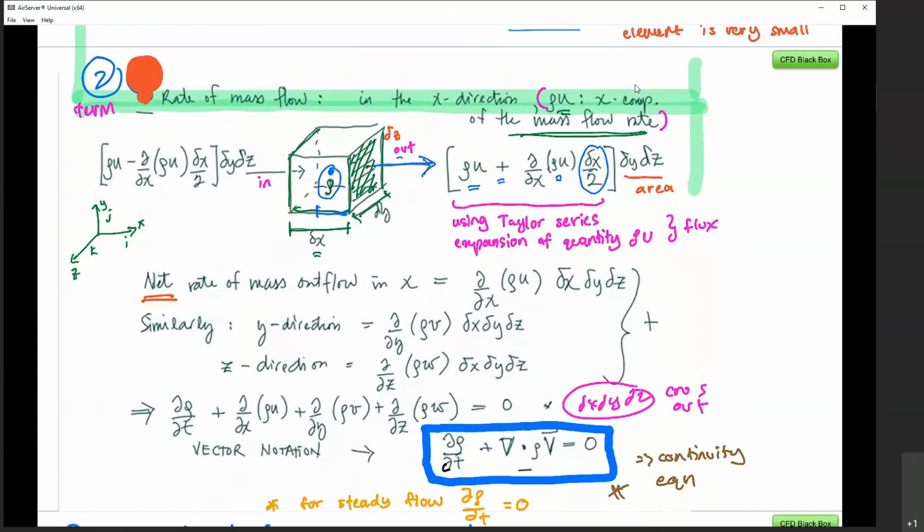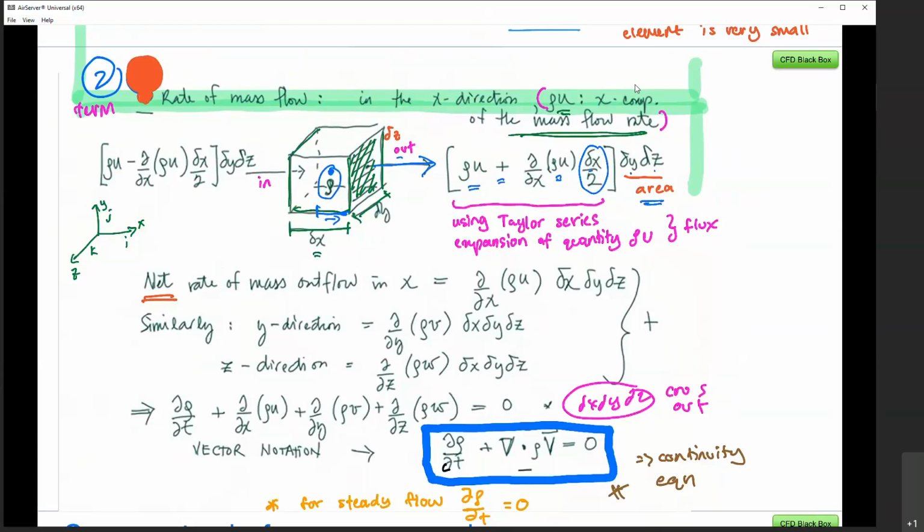We have a plus sign because it is moving in the right direction. And we multiply by dy dz because this is the area. How do we get this term? This is by using the Taylor series expansion for the quantity rho u, which is the flux term.